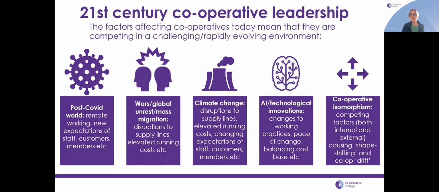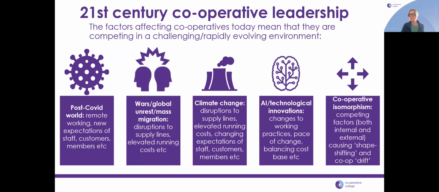And then we also have to think about those changing expectations again. Similar to the COVID expectations, these will be expectations around businesses making decisions in line with thinking about climate change. And that's going to affect all of those different stakeholders in those cooperatives.